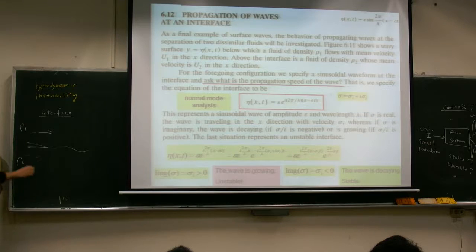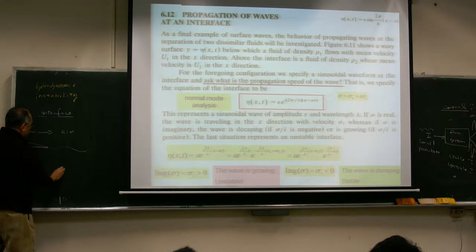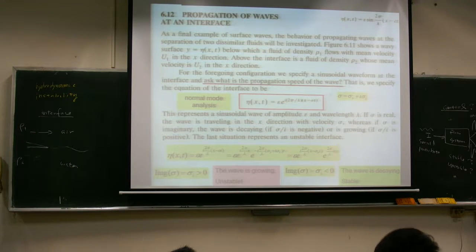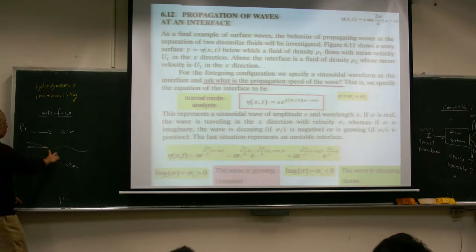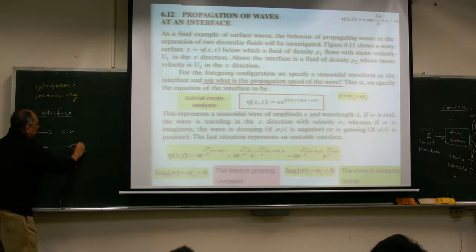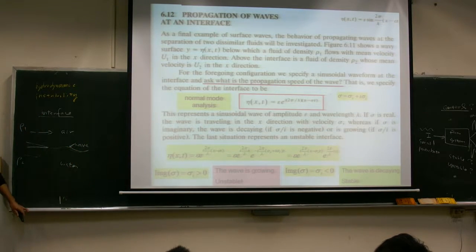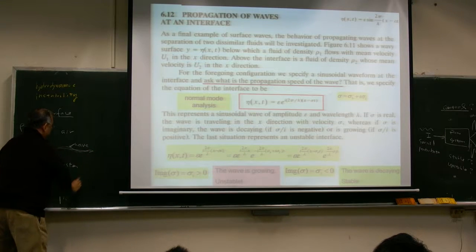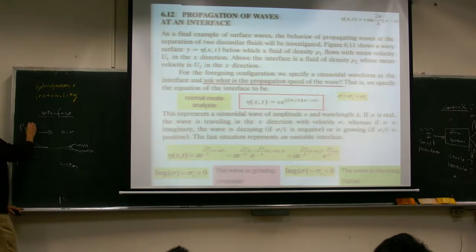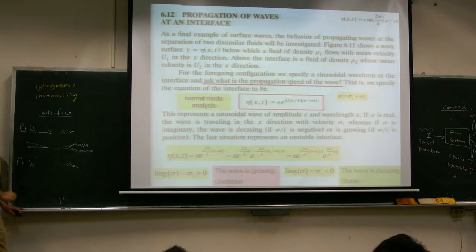For example, we have air flow here and water here. Does it look like a free surface flow? And we have an interface. We can try to find out how the wave propagates along the interface, along this direction. We may have superimposed density difference and velocity difference.